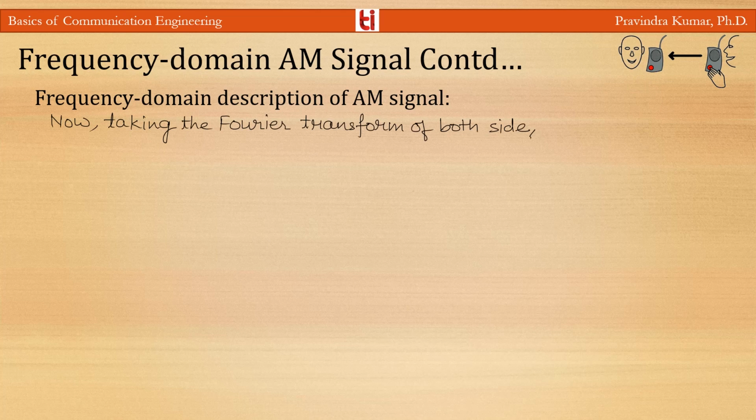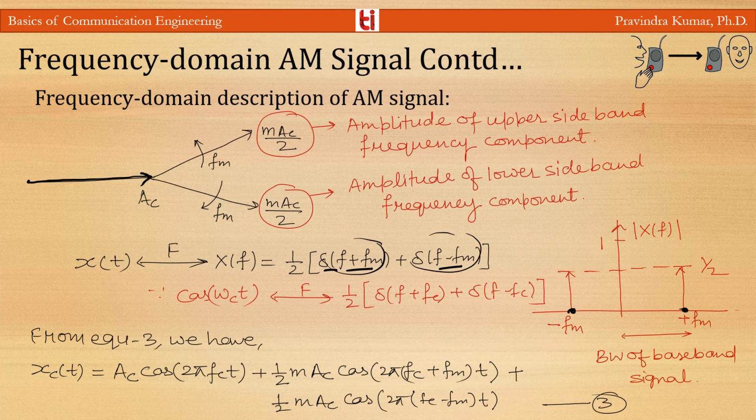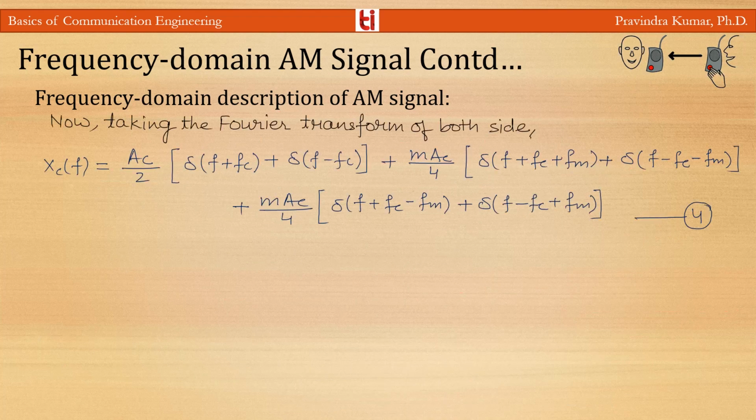Taking the Fourier transform of both sides of equation three, we will have X_c(f) = Ac/2 [δ(f + fc) + δ(f − fc)] + m Ac/4 [δ(f + fc + fm) + δ(f − fc − fm)] + m Ac/4 [δ(f + fc − fm) + δ(f − fc + fm)].